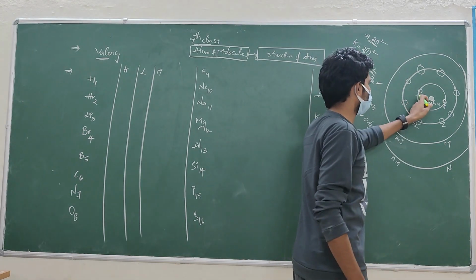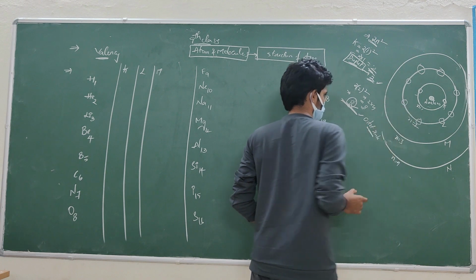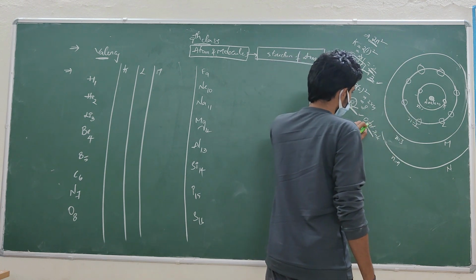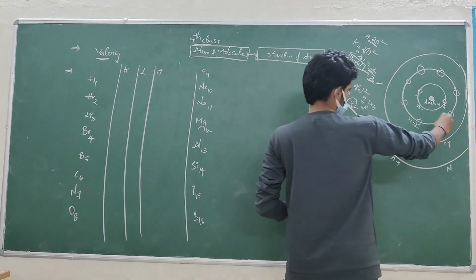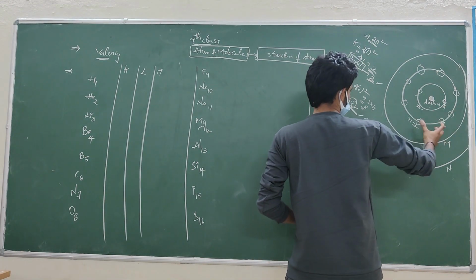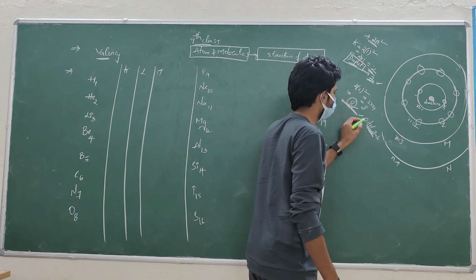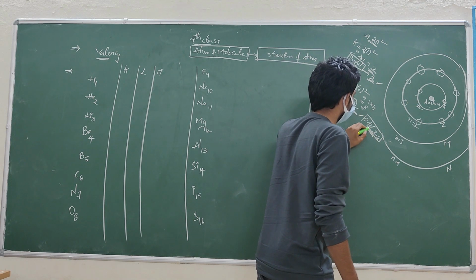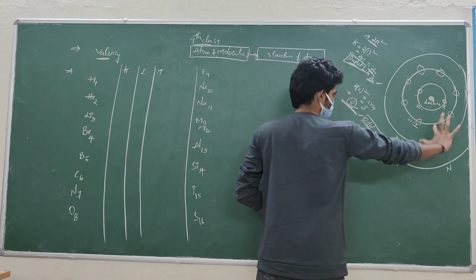Only some of the elements get 2 electrons, but all the remaining elements get 8 electrons in the outermost shell. This 8 is called the magic number, because it creates a magic by having 8 electrons in the outermost shell. So that rule is the octet rule: all atoms want to gain 8 electrons in the outermost shell.